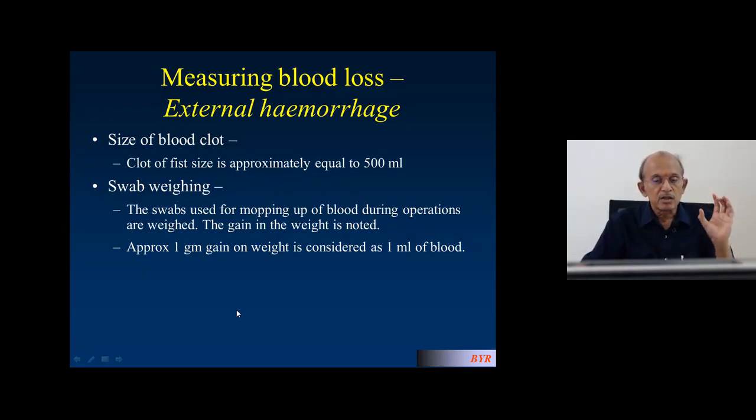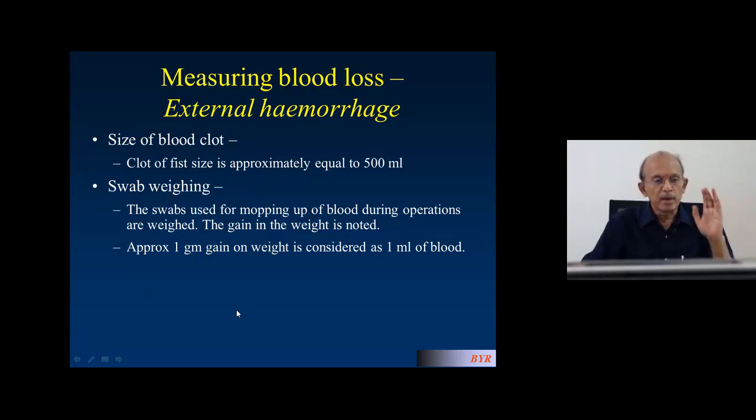So surgeons usually underestimate the amount of blood they spill, and of course the anesthetists exaggerate the amount of blood loss. There should not be any underrating or overrating. It should be correct rating.